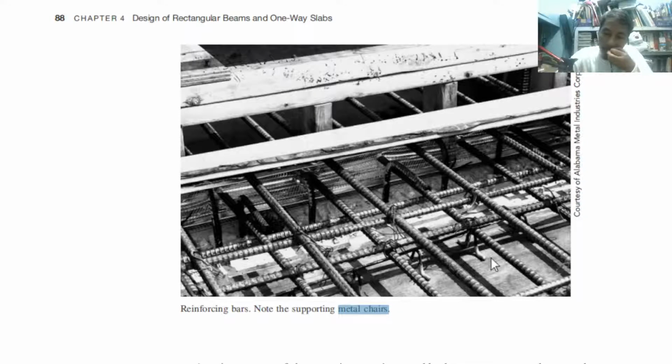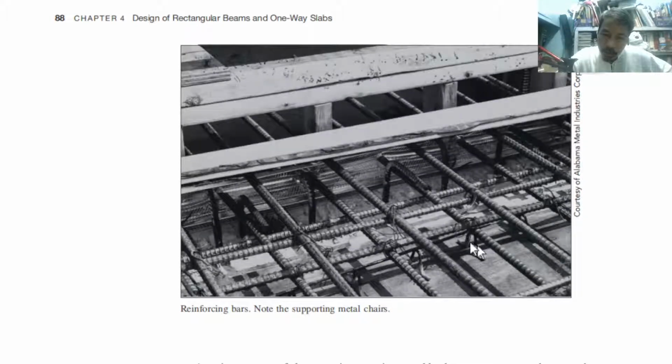So instead of a concrete spacer, usually we use a spacer, but now it is a metal chair. And usually in our country, instead of concrete spacer or metal chair, we use stone or gravel as a spacer.